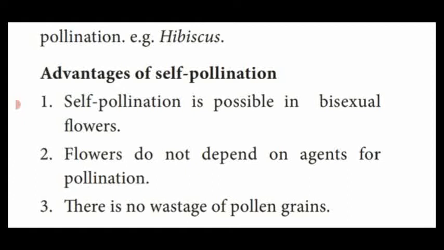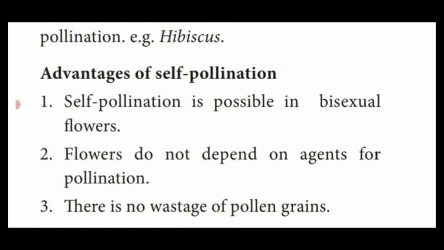Agents are those which carry the pollen grains from one flower to another flower. What is the agent? Air, water, animals and insects also transfer the pollen grains from one flower to another flower. But here in self-pollination, there is no need of an external agent. That means the external agent is absent.